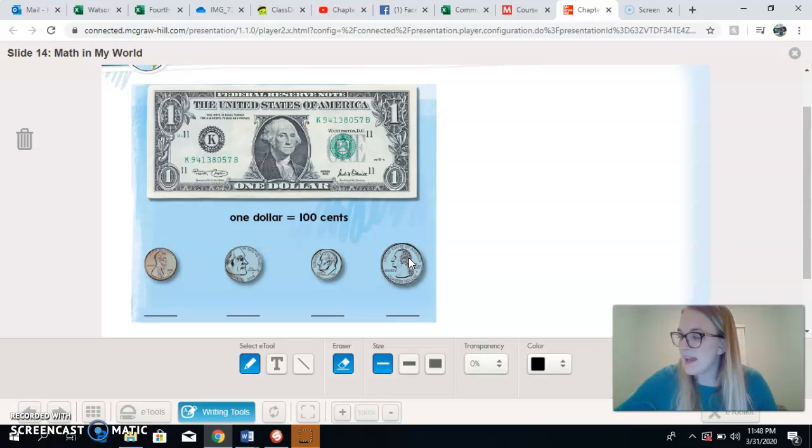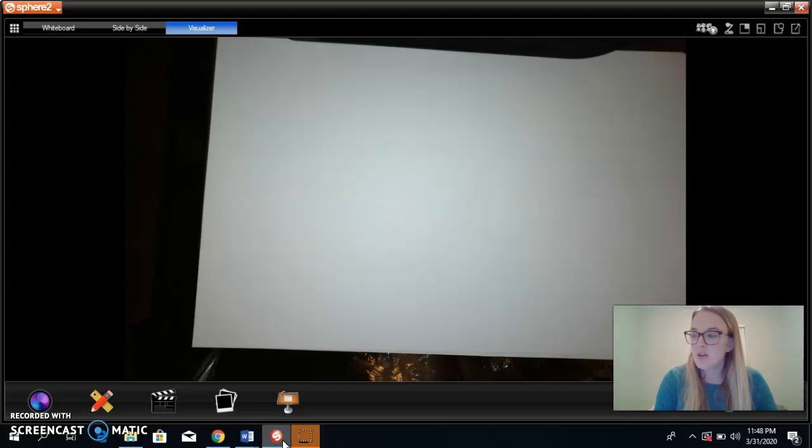We have one last coin to talk about. That coin is big and bold, and it is worth 25, you're told. That coin is the quarter. So, let me change my screen. We're now going to skip count by 25s and see how many quarters it takes to reach $1.